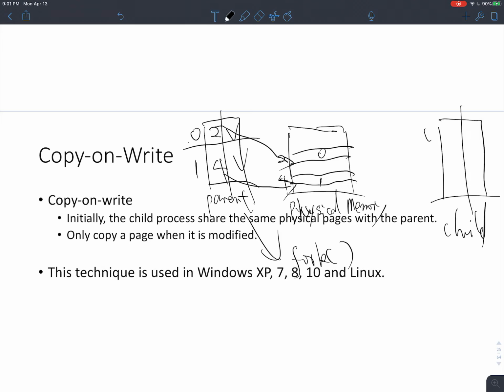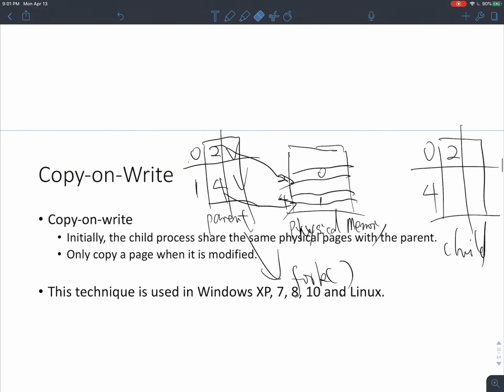So it says my 0th page is at the 2nd frame of the memory, and my page with index 1 is also at the 4th frame of the physical memory. Both the parent and the child refer to the same physical memory space, and this is what the copy on write strategy does.